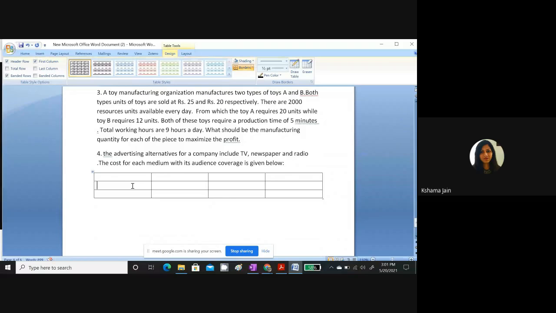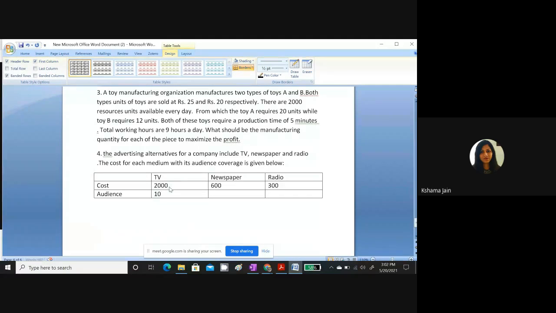So here it's the cost. Here it's the audience. Here it's TV, newspaper, radio: television 2000, newspaper 600, radio 300.